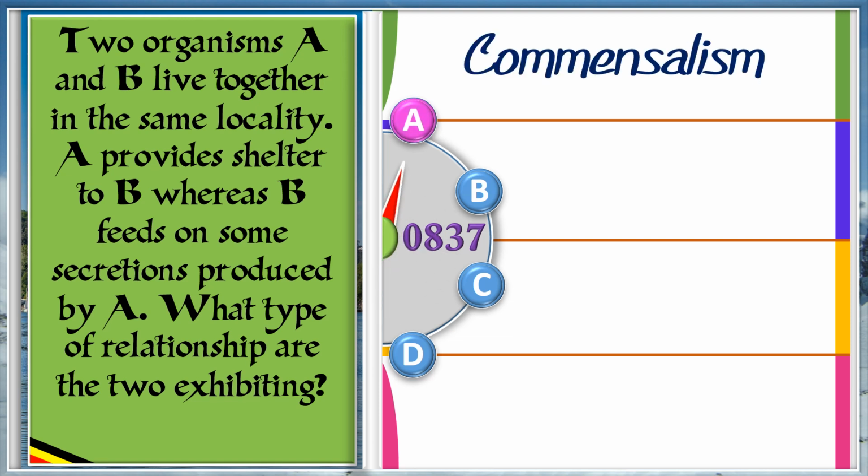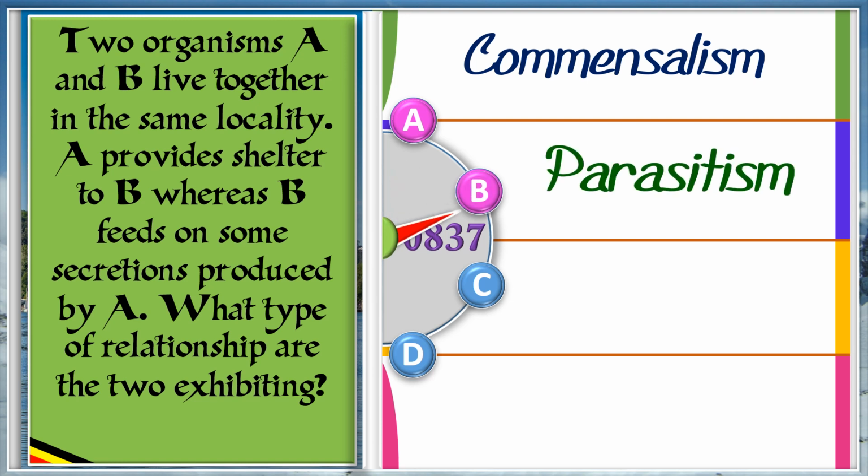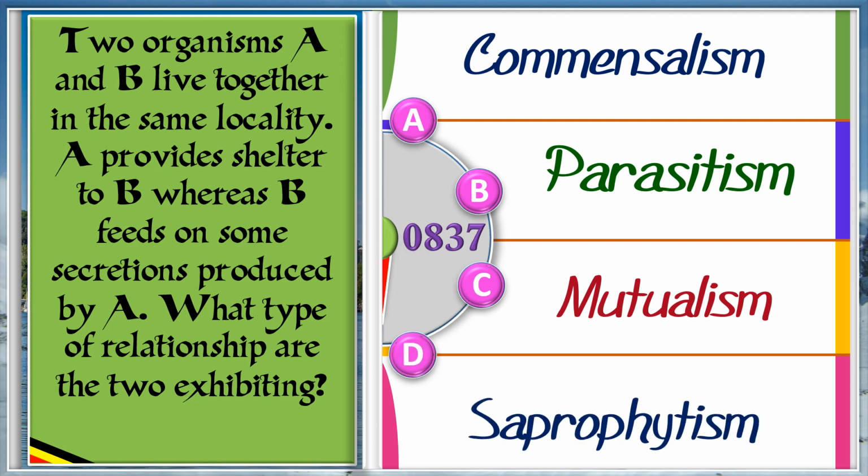A, commensalism. B, parasitism. C. Mutualism. D. Scavenging. And the answer is C. Mutualism.